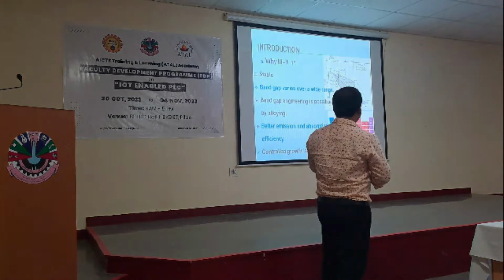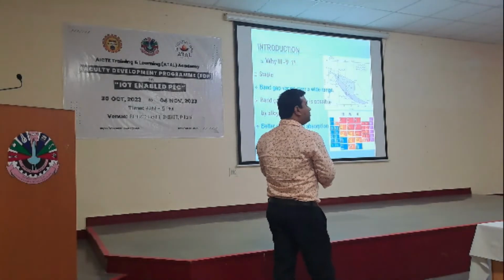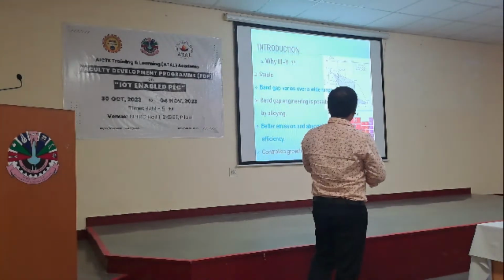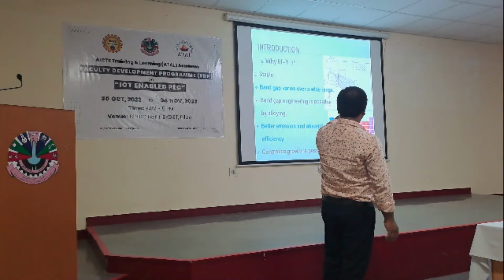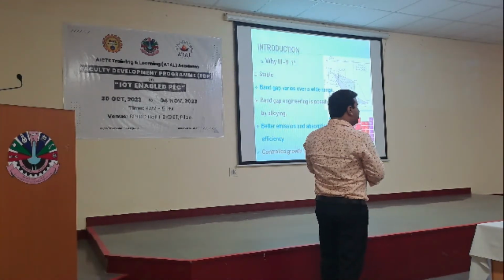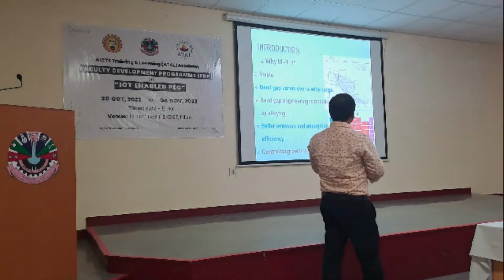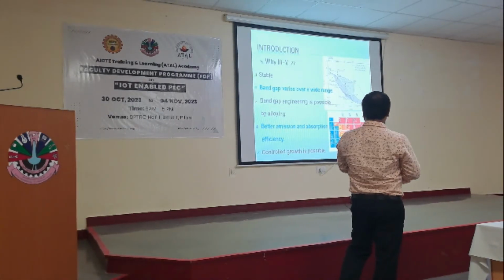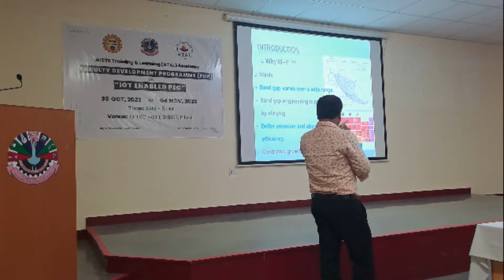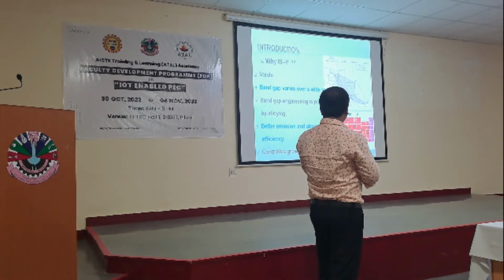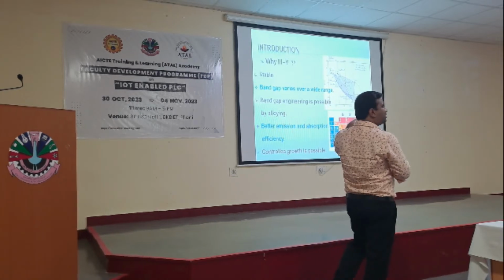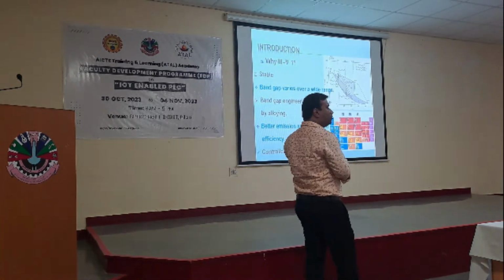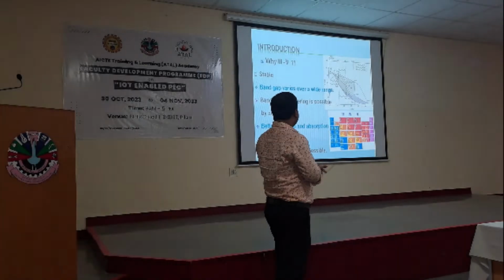It is a comparatively stable material in comparison to other materials. Your band gap also varies over a wide range, and you can tune the band gap of the material by suitable alloy formation. You see here in the diagram, it also exhibits better emission and absorption efficiency. In the case of 3-5 materials, it is possible to grow them on a desired substrate in a very controlled manner.